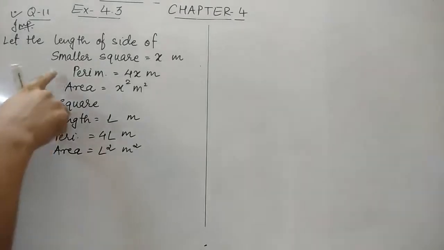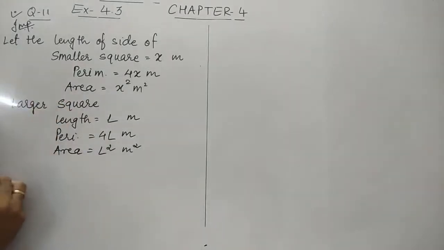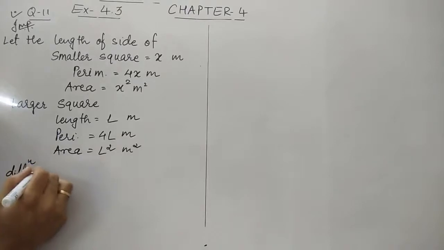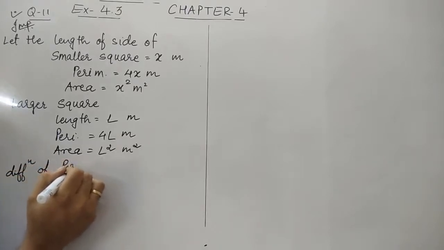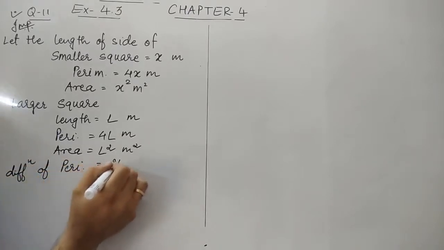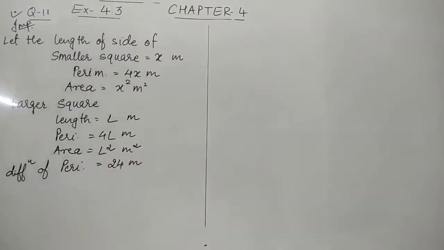Now here they have compared the perimeter. So how will we get the value of this length in the form of x? So यहाँ पे क्या दिया question में? The difference of perimeter is 24. Remember students, when the difference is given 24 meter, मतलब difference positive है, so obviously you subtract the smaller from the larger number.